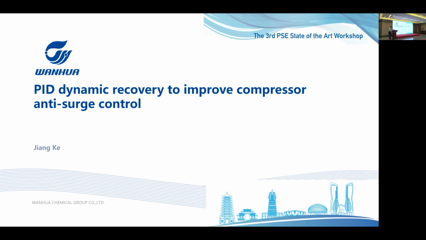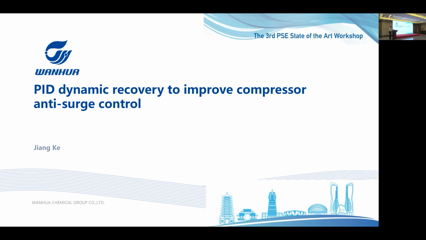The target of this kind of protection control is the dynamic requirement, because normally the pressure is at 6 bar and the set point is 7 bar, so normally this PID is saturated and the output is 0.